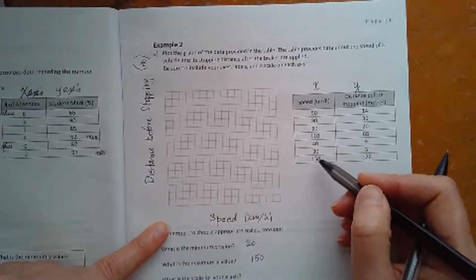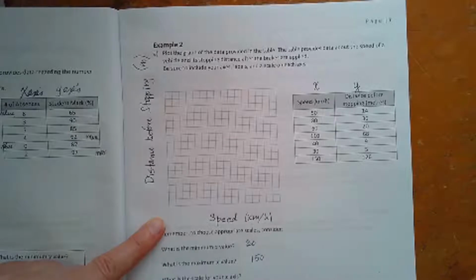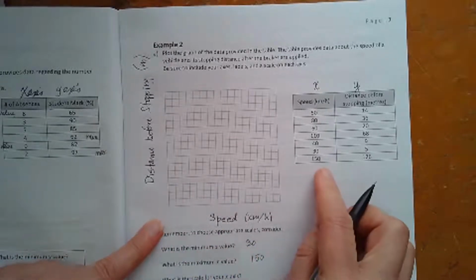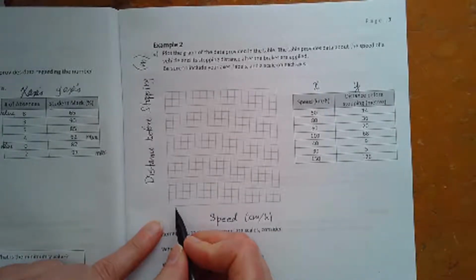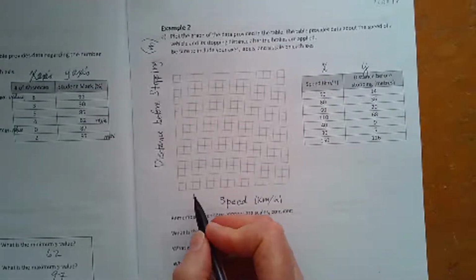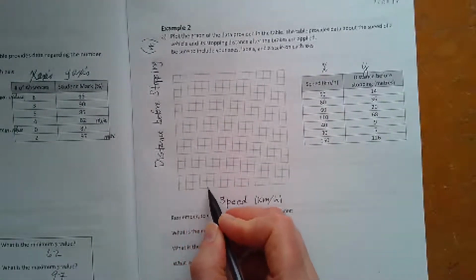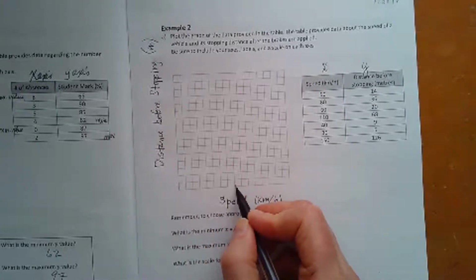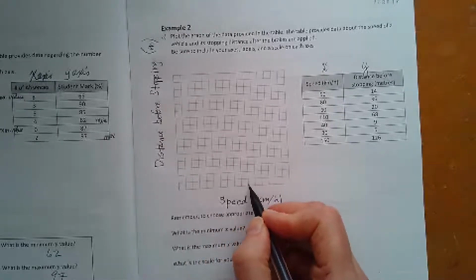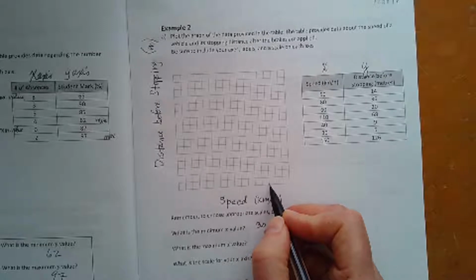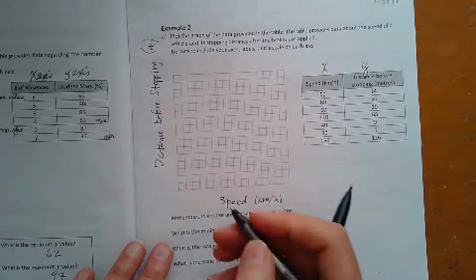I think if I went up by tens, I could get to 150, right? Because I have 15 spaces and I have to go as high as 150. Let's just try. I'm just kind of playing around here. 10, 20, 30, 40, 50, 60, 70, 80, 90, 100, 110, 120, 130, 140, 150. So that works out pretty perfectly, right?